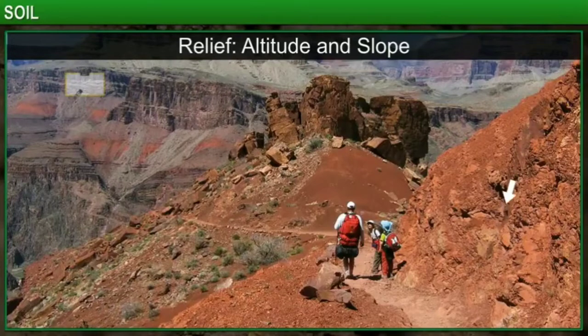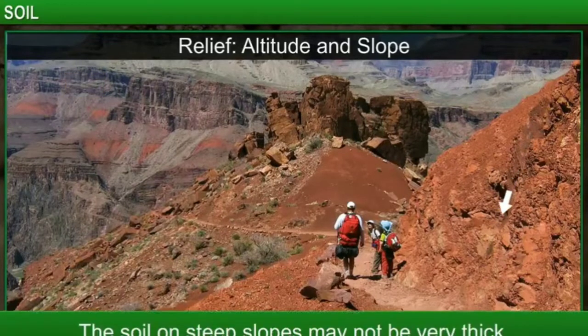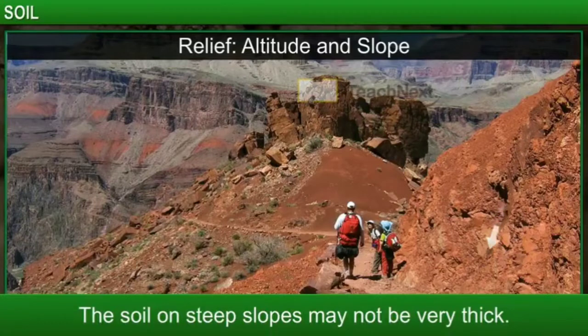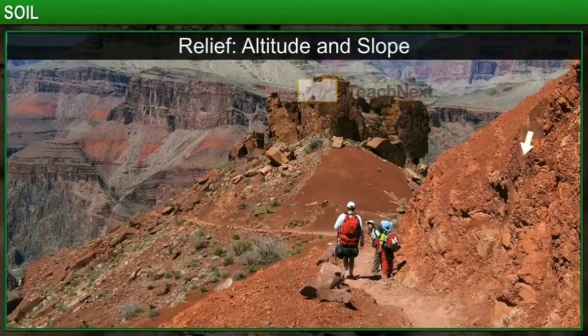Steep slopes are more prone to soil erosion. So, the layer of soil on them may not be very thick. Low-lying, flat areas retain the layers of sediments for longer periods and thus have a thick layer of soil.